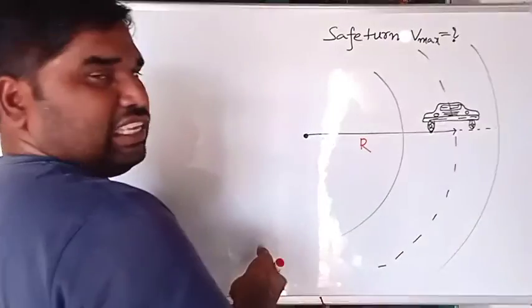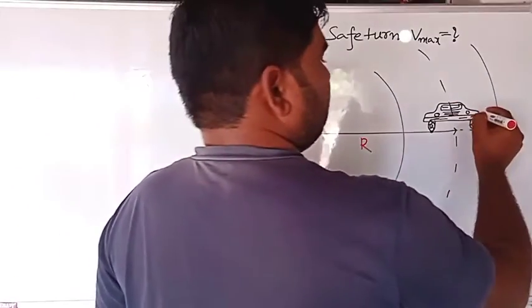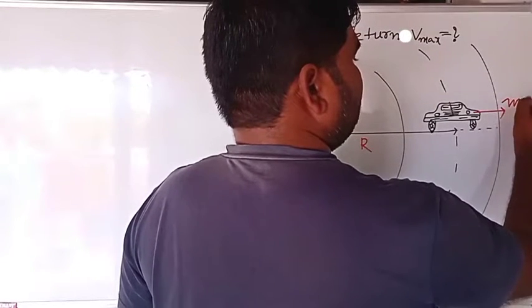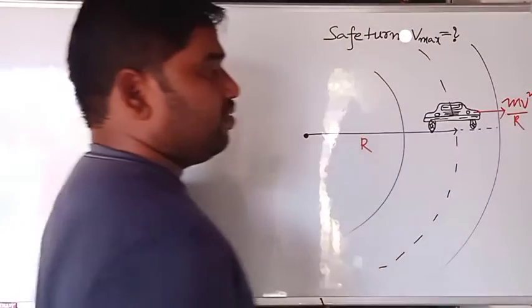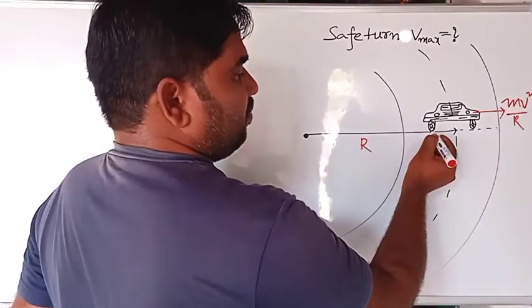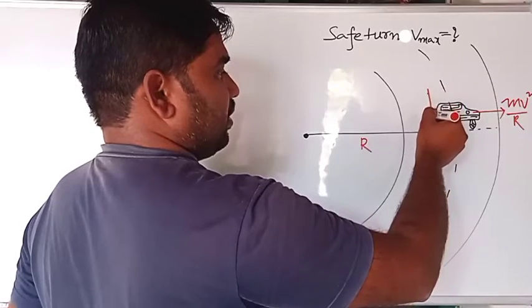Now the car is turning on the flat road, then centripetal force will act outward on the car. This is a pseudo force acting outwards, that is mv square by R, centripetal force. Here one of the tires is touching the surface, so the normal reaction is N1 here.